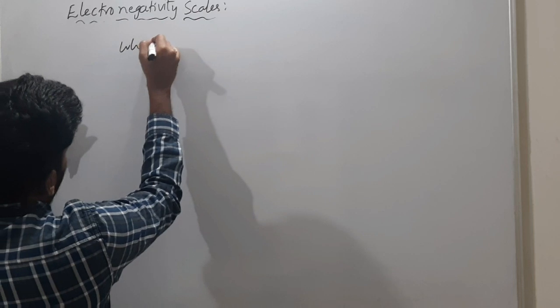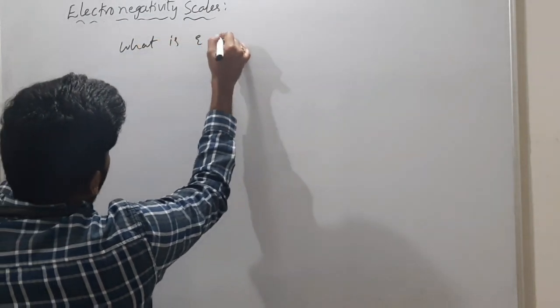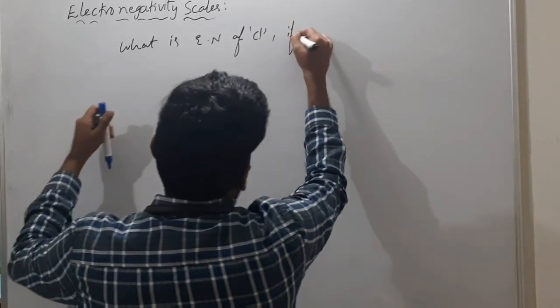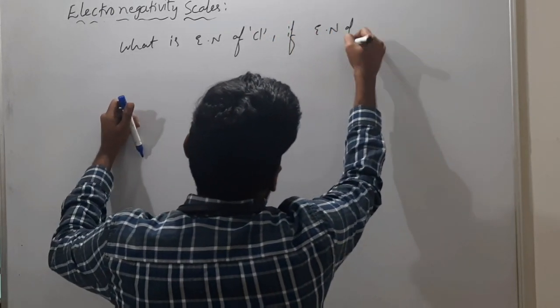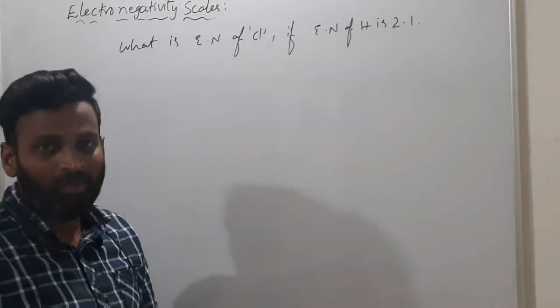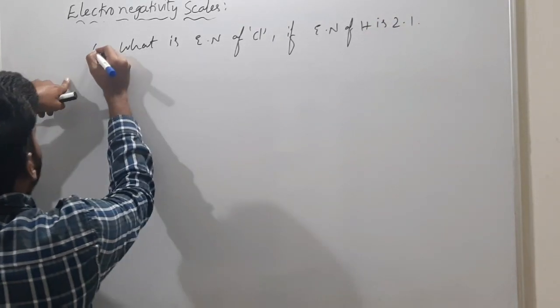What is the electronegativity of chlorine, if the electronegativity of hydrogen is 2.1? They won't give it actually, but I am giving it in this example.